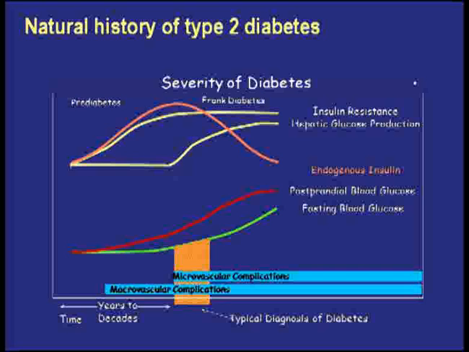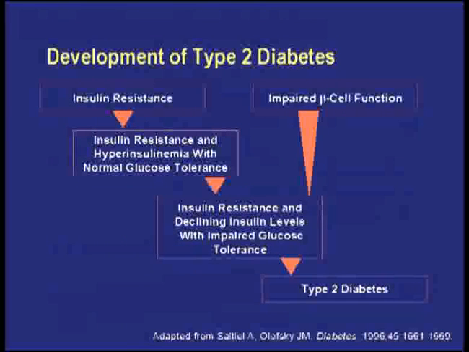When we talk about diabetes, we must know the natural history: much before diabetes is diagnosed, insulin resistance begins, hepatic gluconeogenesis starts increasing, the endogenous insulin secretion starts falling, and at a critical level there is fasting and postprandial hyperglycemia, and much before that, the seedling of micro and macrovascular complications has taken place.